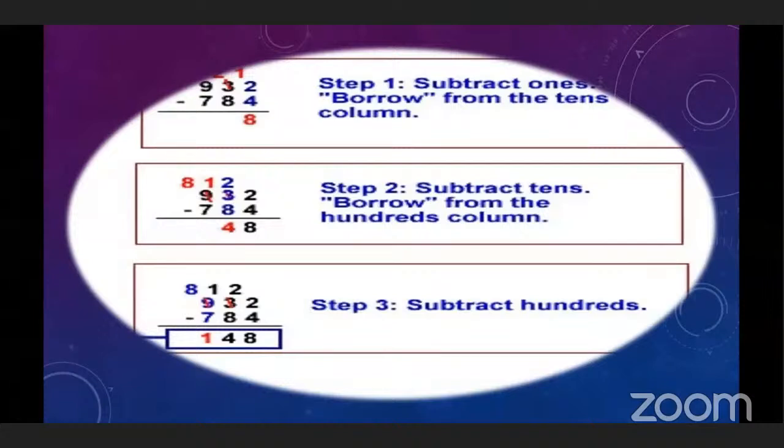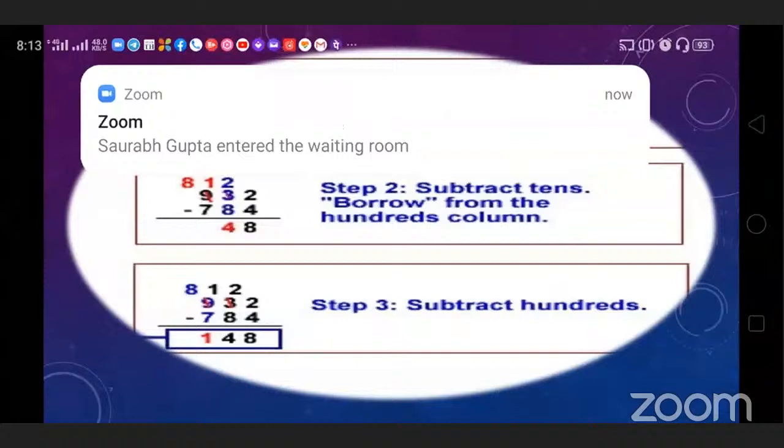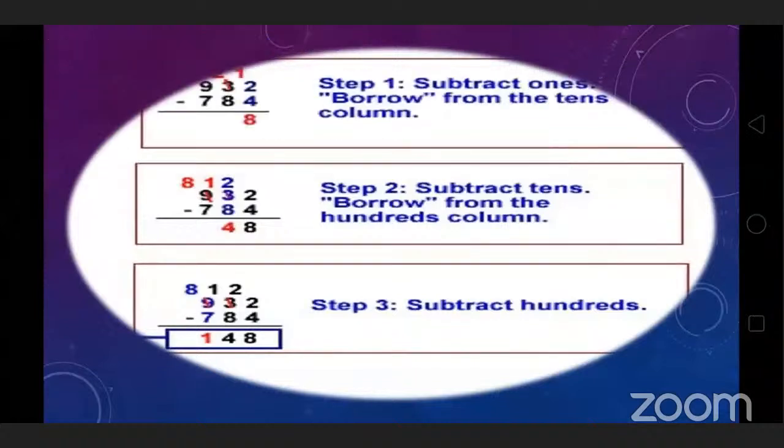Okay students, let's see the second step. Second step is subtract tens. We completed with unit. We proceed towards the step to subtract tens. And here also we cannot subtract 8 from 2. You can see here, we already took 1 from the tens place, and after that 2 remains, and we cannot subtract 8 from 2.